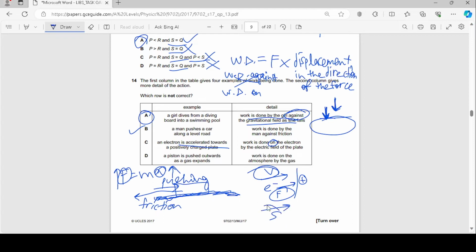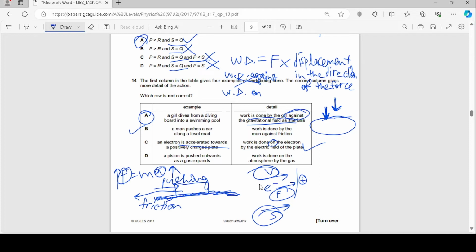The point is that this is not work done against, right? Work is not done against the electron, but work is done on the electron by the electric field of the plate. That is correct. Although I suppose electric field is defined from positive to negative, but that's for a positive charge, and here we're considering an electron.